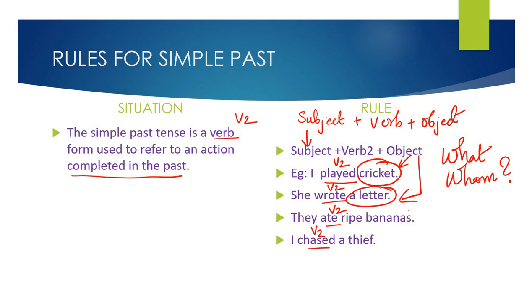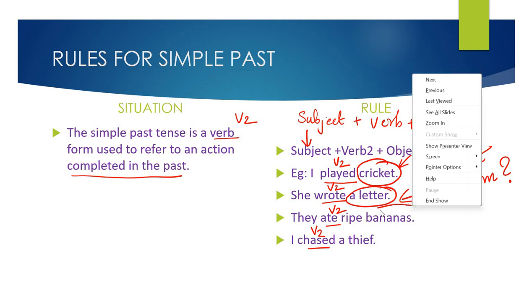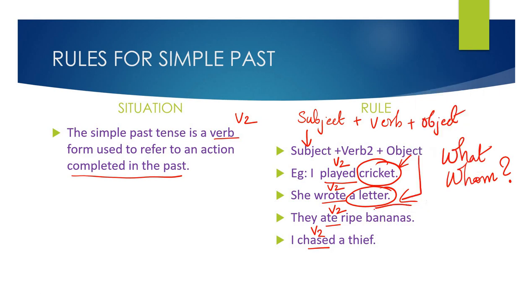What did they eat? Ripe bananas. So here, ripe is the adjective that is used to describe bananas. That here becomes the object. I chased a thief. Whom did you chase? A thief. That here becomes the object.